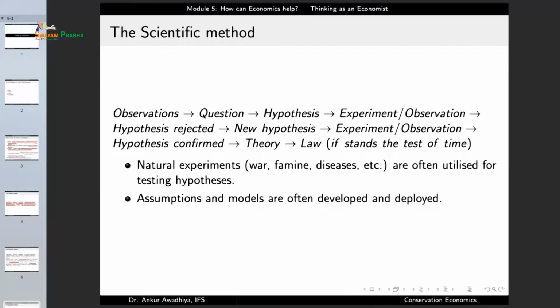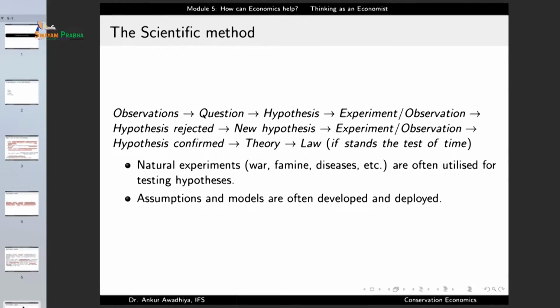Or if somebody wanted to understand the impact of an increase in the price of crude oil, then they only have to look at those periods of time, such as wars, where the price of crude oil goes up. So these natural experiments can be made use of in understanding and checking any hypothesis.